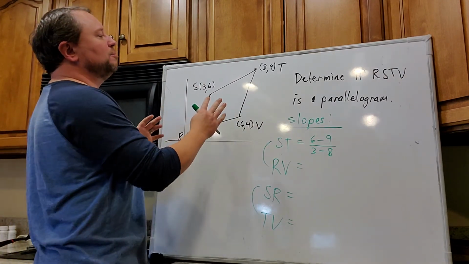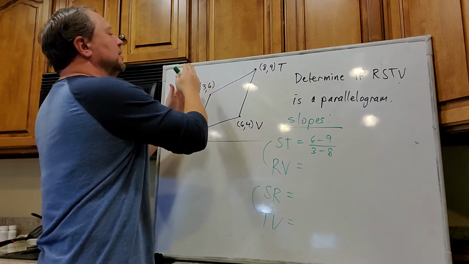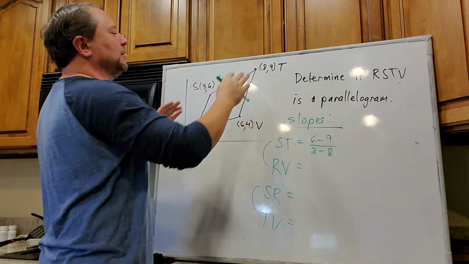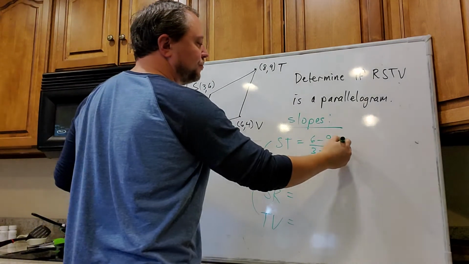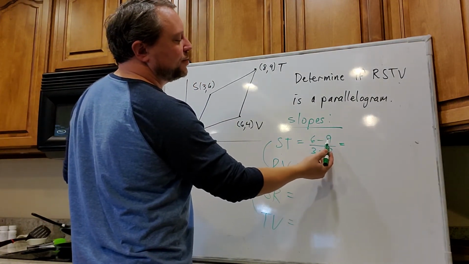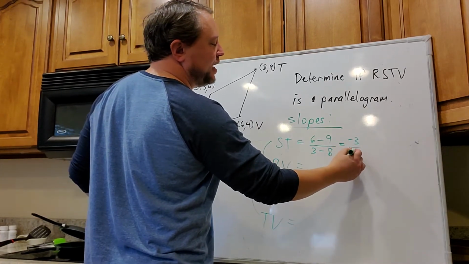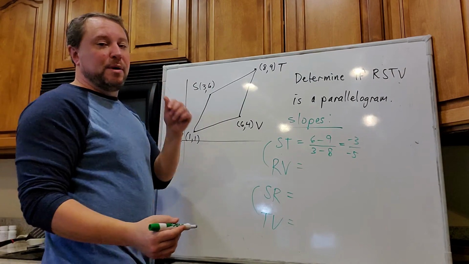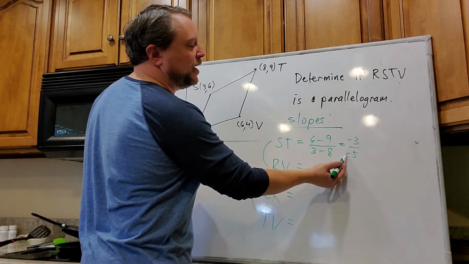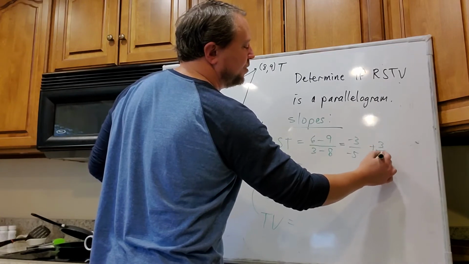Remember when doing slope, you just have to be consistent in your pattern. So I'm just going left to right, left to right. Now in my case, that's going to result in some negatives here. 6 minus 9 is -3. 3 minus 8 is -5. But remember, a negative divided by a negative is then a positive. So this is positive 3/5.